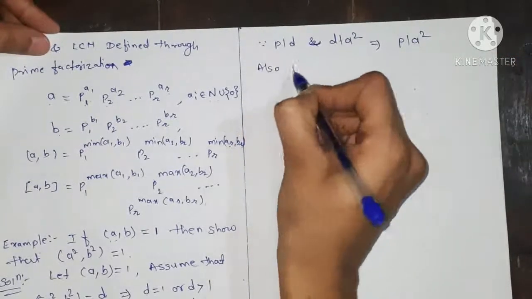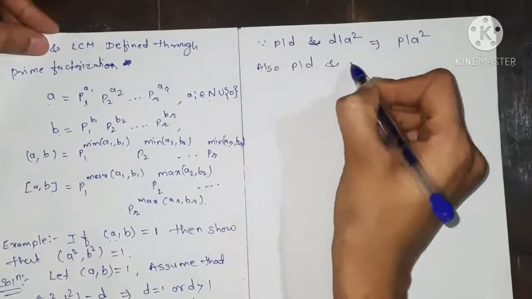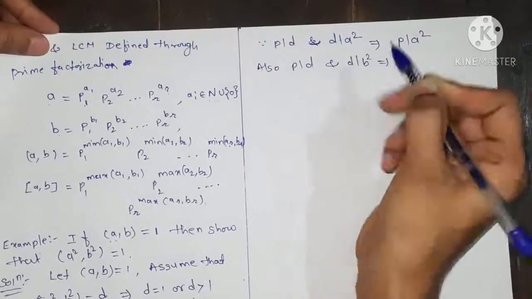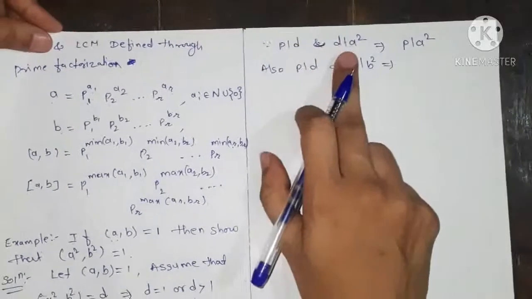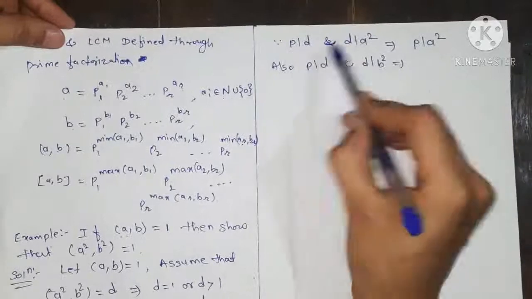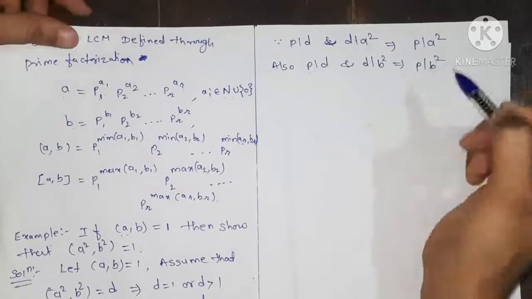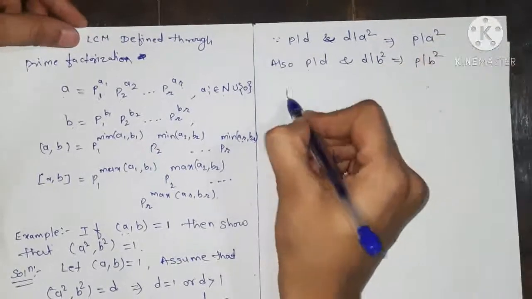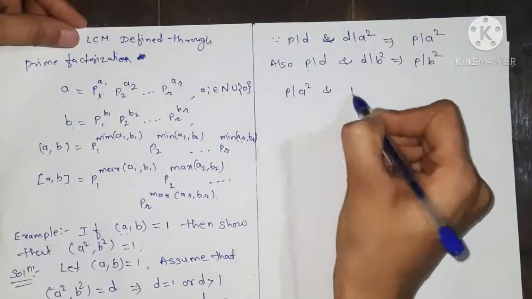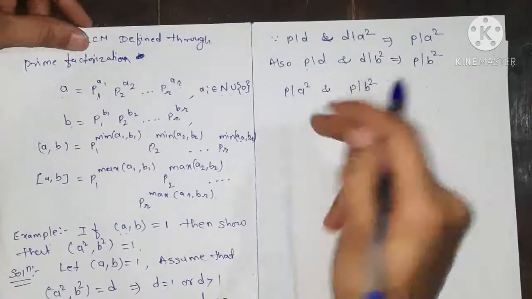Also P divides D and D divides B square. So by the property of divisibility, P is dividing A square, similarly P is dividing B square. So combining these two, we have P divides A square and P divides B square, right?